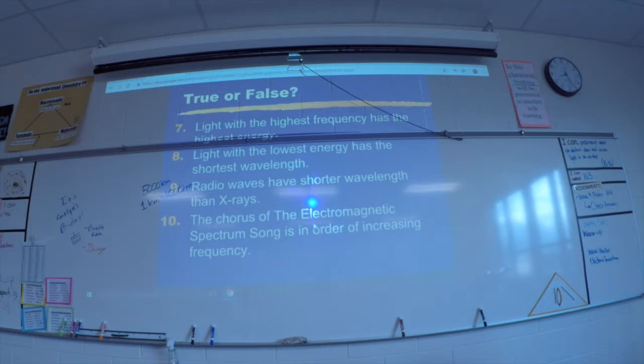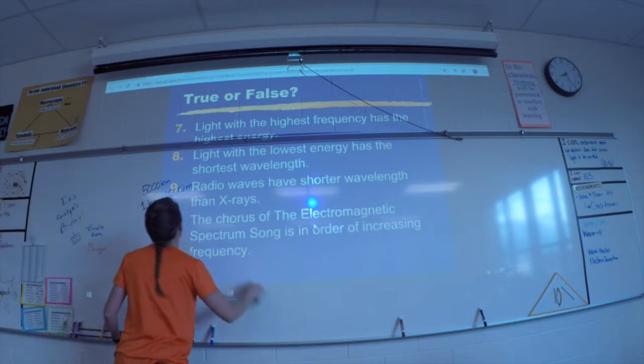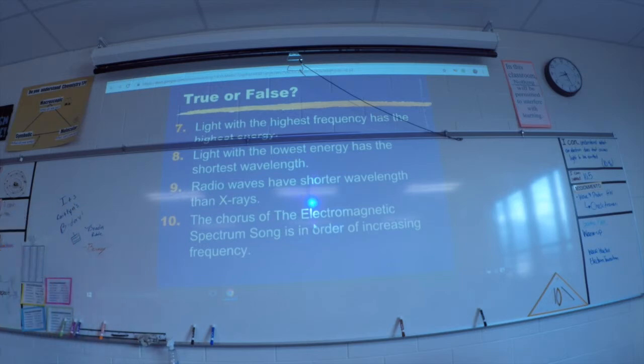And then we have one last equation to talk about, and then we'll hopefully get our homework done in class. Okay, everybody ready?